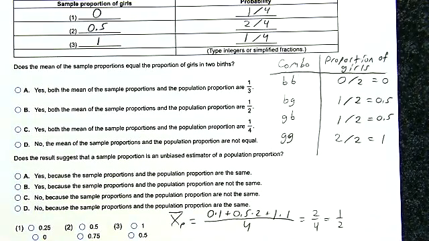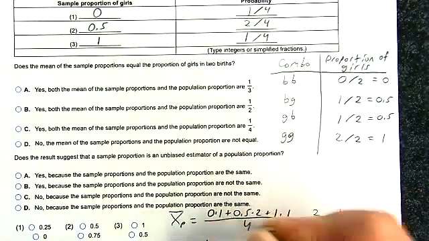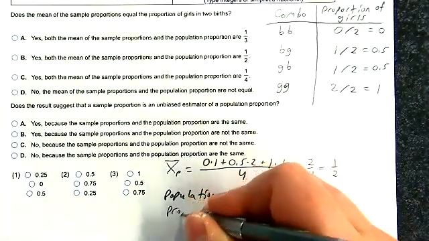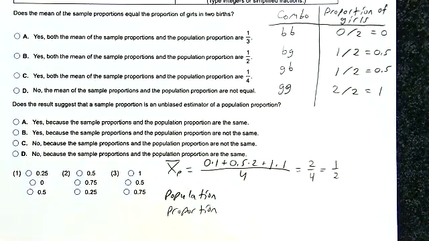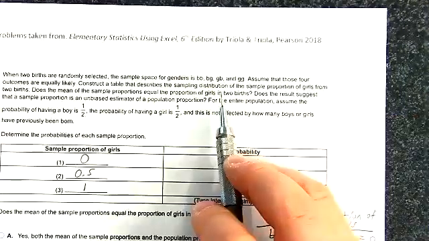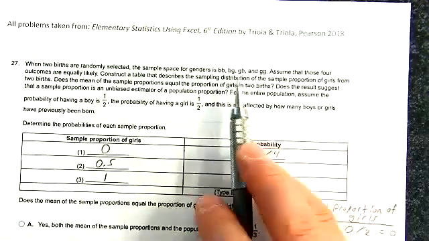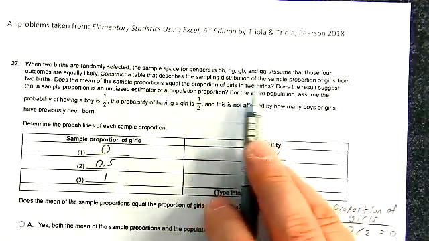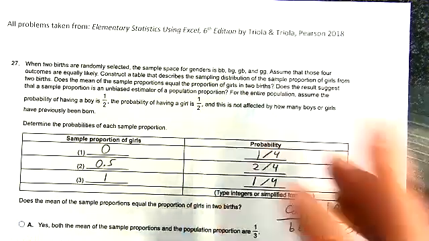So for the population proportion, there's several ways to do it, but if you look at these combinations, these 4 different combos, there are 1, 2, 3, 4 girls out of 8 births.